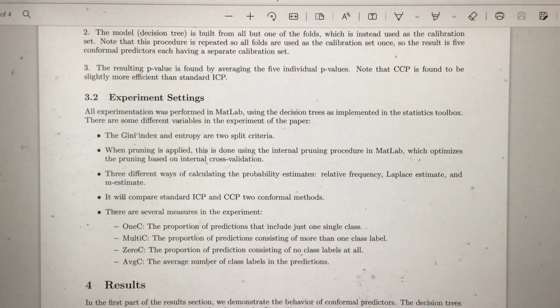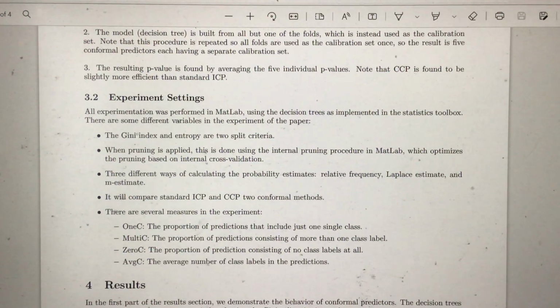In the following experiments, they compare different variables. The first thing compared is the Gini index and the entropy. The second one is whether the pruning parameter is applied.